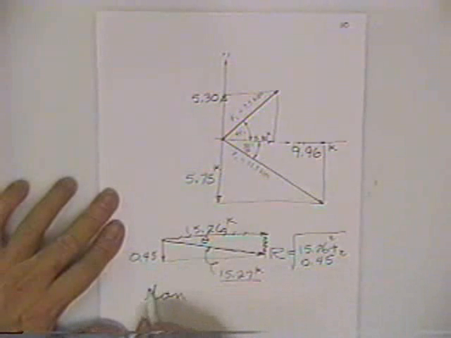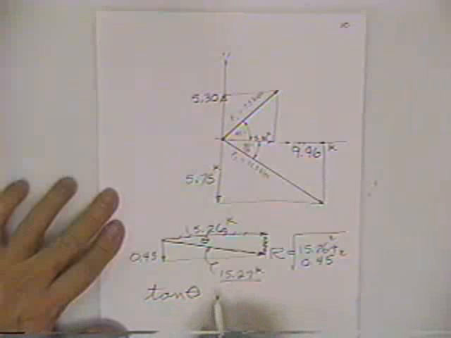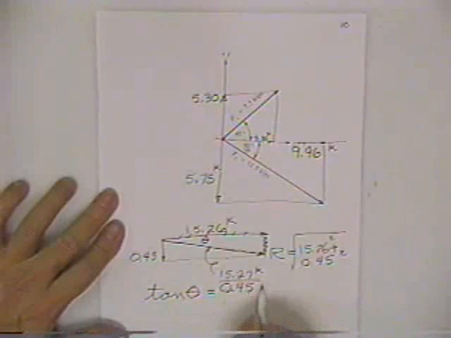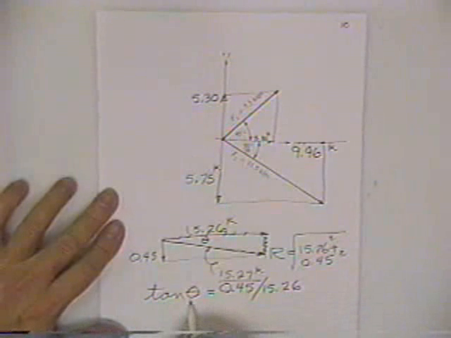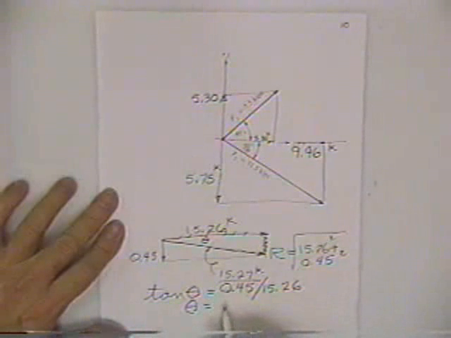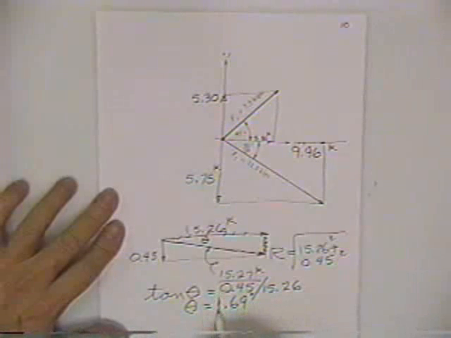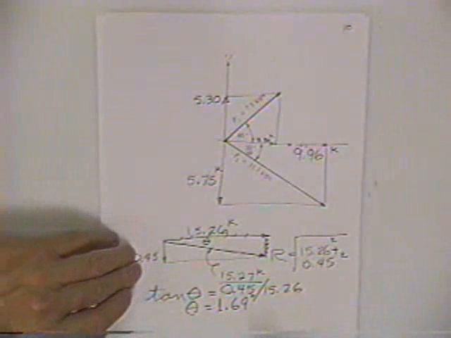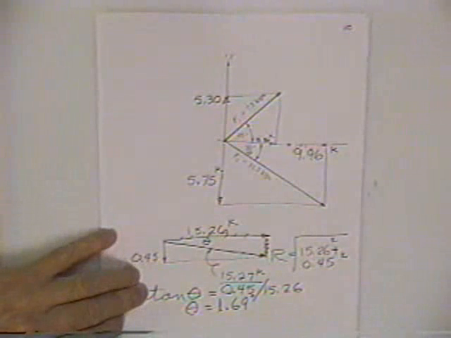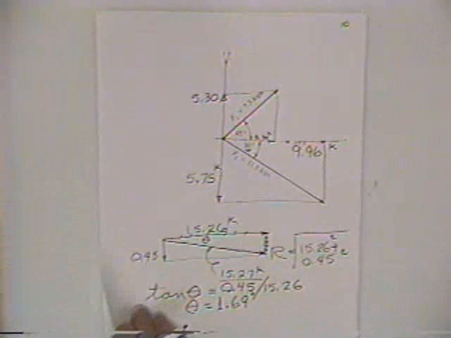So the tangent of theta would be opposite 0.45 divided by 15.26, and if you hit arctan on your calculator, you find that angle to be 1.69 degrees. So that's how you would take a force and resolve it in pair of forces or many forces and resolve them into a single resulting force.